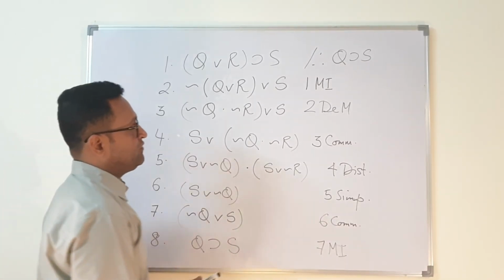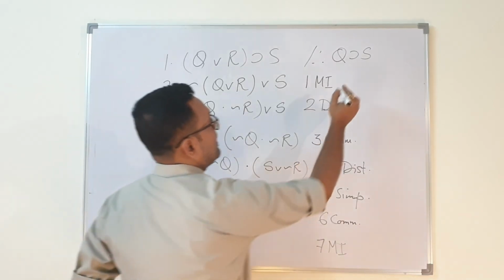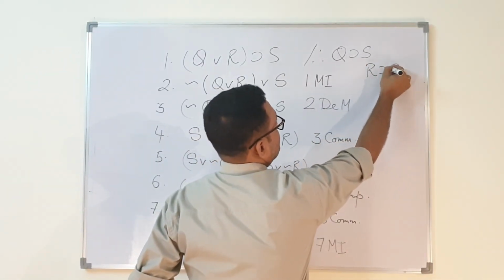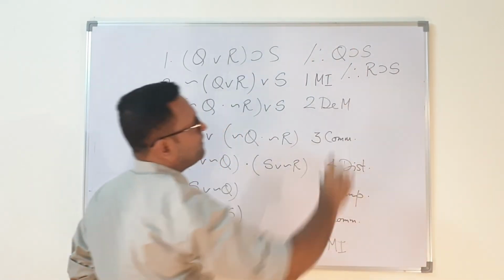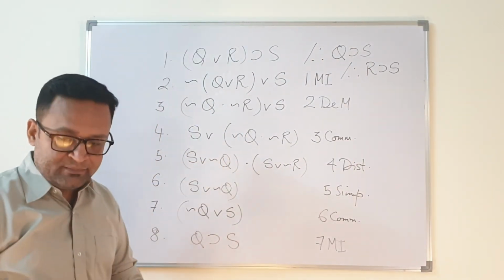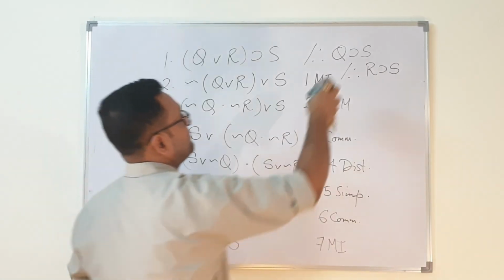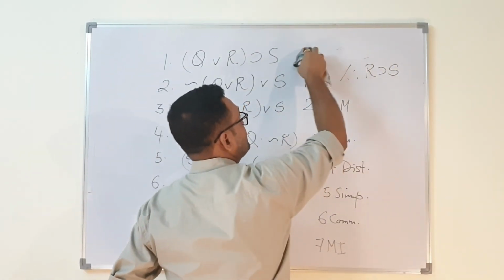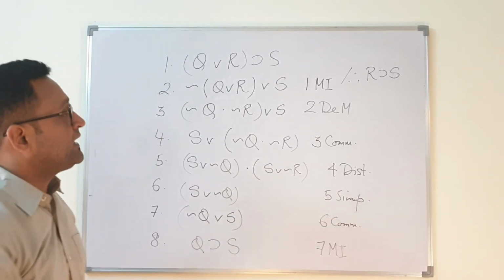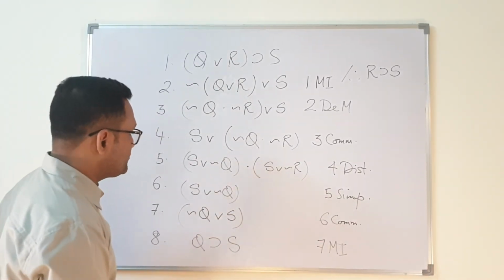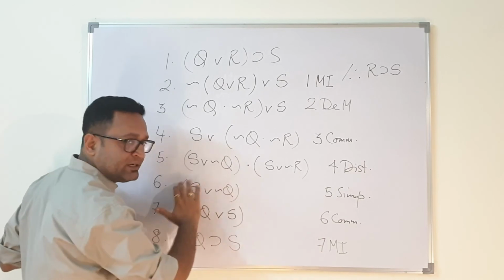But there is one important thing more which you need to remember. Suppose the question would have been R implies S, that is, prove R implies S, in place of negation of Q implies S which was given to you. Then you should have commuted.